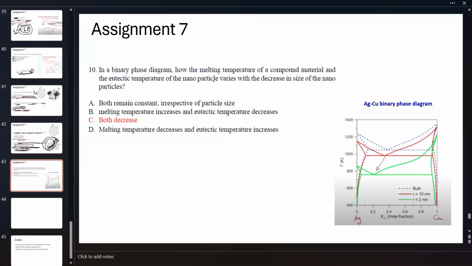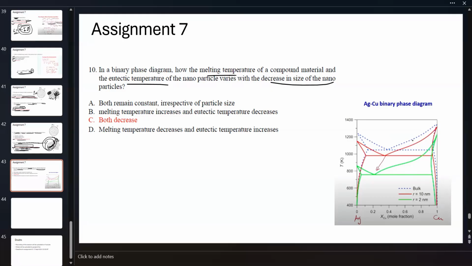Binary phase diagram. How do the melting temperature of a compound material and the eutectic temperature change? Oh yeah, we've already seen. Your eutectic temperature, melting temperature, melting point.